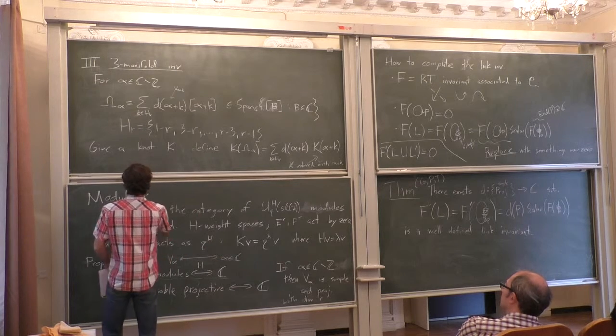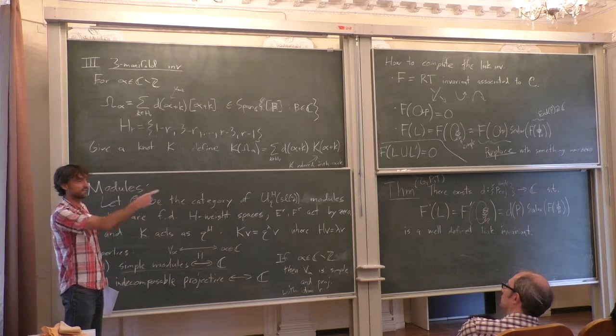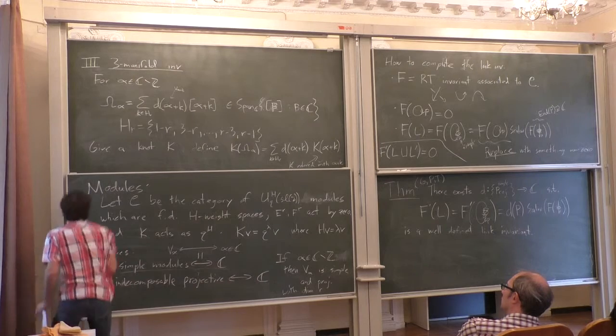Okay, so now I can extend to such a knot, I can extend the invariant f prime to such a knot. Let me explain how to do that. Pretty easy.